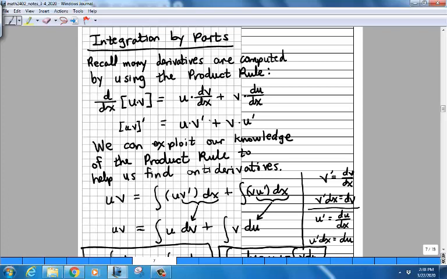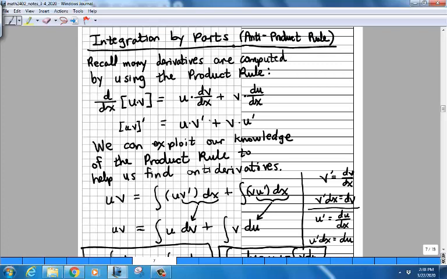It's the opposite, or the inverse, of the product rule, or you can think of integration by parts as being the anti-product rule. Actually, let me write that down, just to emphasize that. So integration by parts is sort of the anti-product rule for integration.